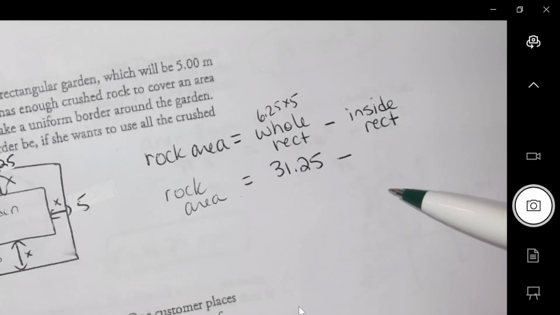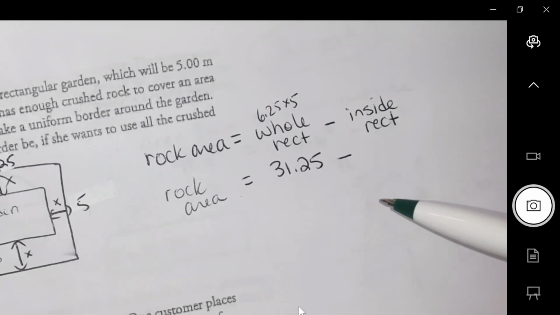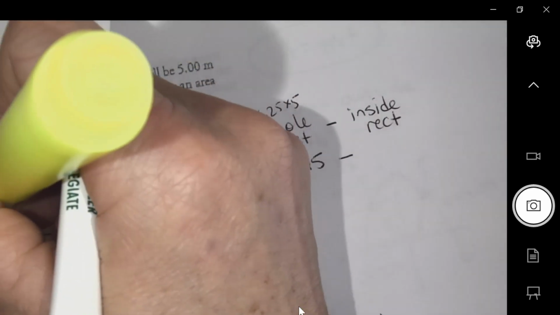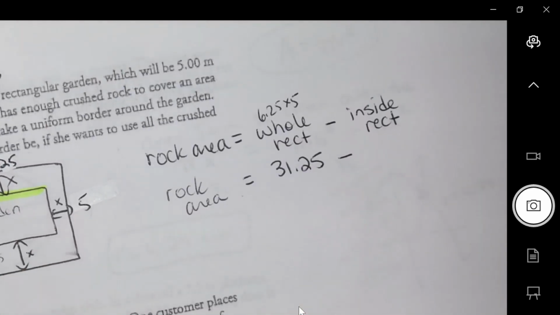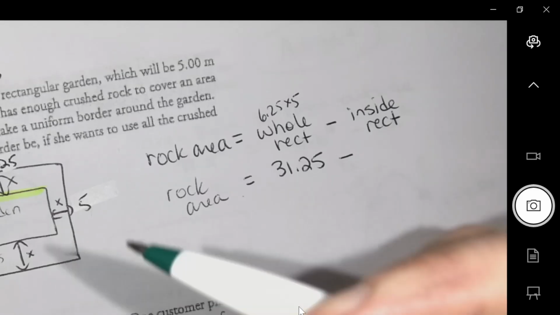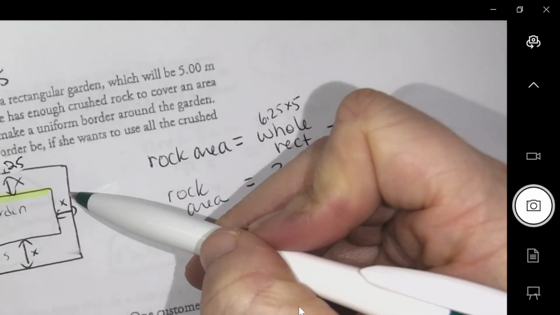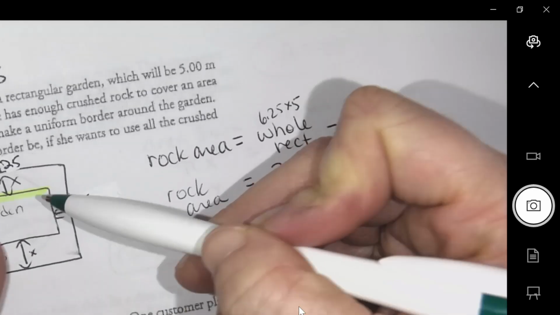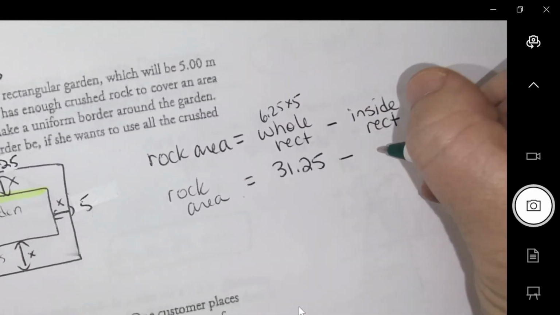Okay. Now, this one might be a little bit tricky. What is the dimension on that side? It's not a number. You're going to have to use variables in it. What are you doing with the variables? So this is 6.25, and we are less an x and less an x on that side.